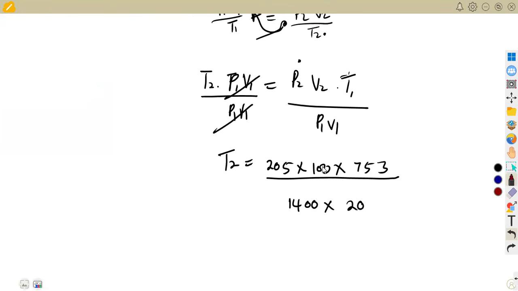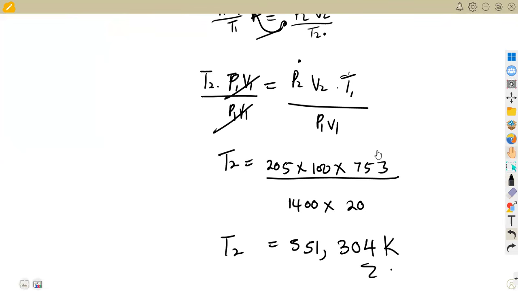So like I said, as long as these two volumes are in the same units, it does not affect at all. Cubic meters, cubic meters, cubic centimeters, cubic centimeters, because they will cancel at the end. So it does not affect anything. So that was going to give us the temperature in that case. And this was going to be equal to 551,304 Kelvin.